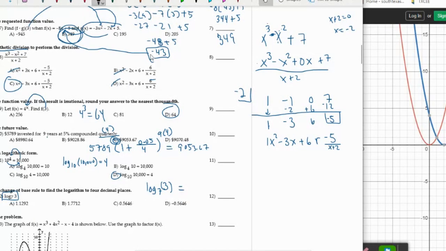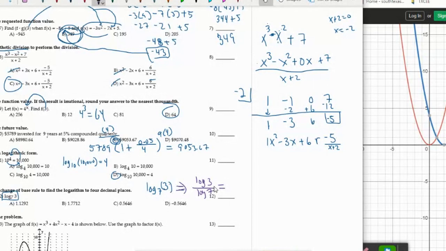Remember, I told you guys that you could do this just in case you don't know how to put the little 7 on your calculator. All you have to do is go log of the parentheses, divided by log of the little base, and that's going to be the same.